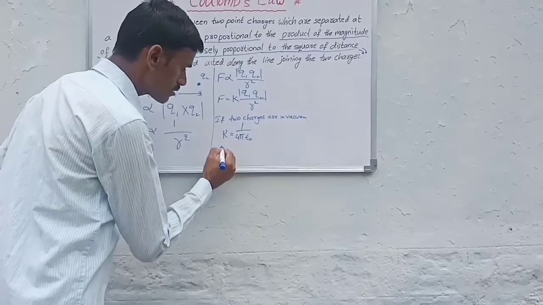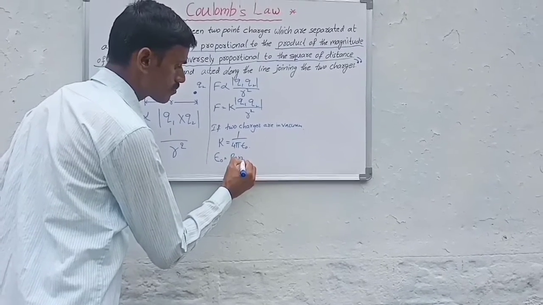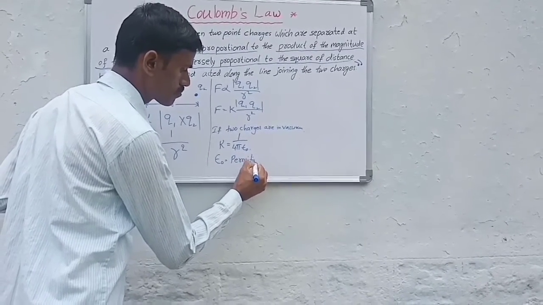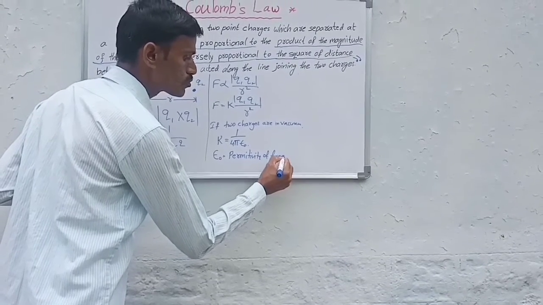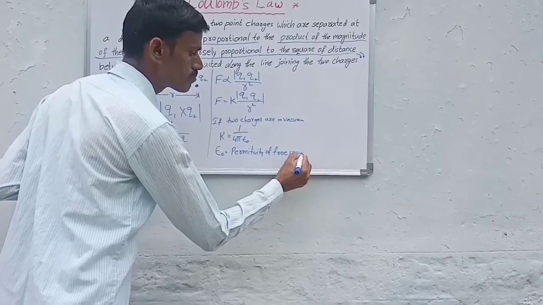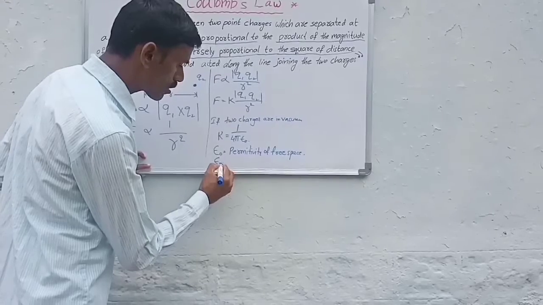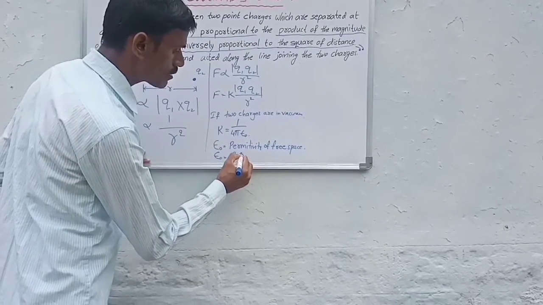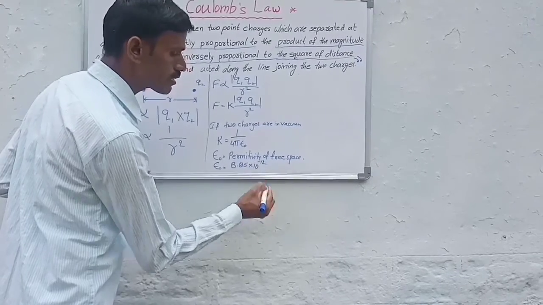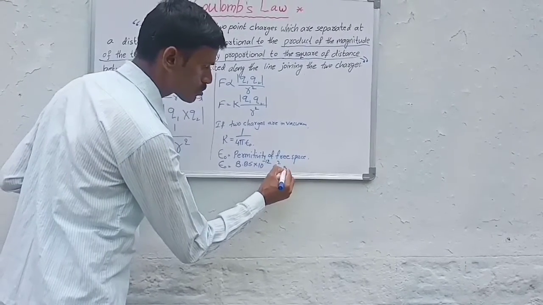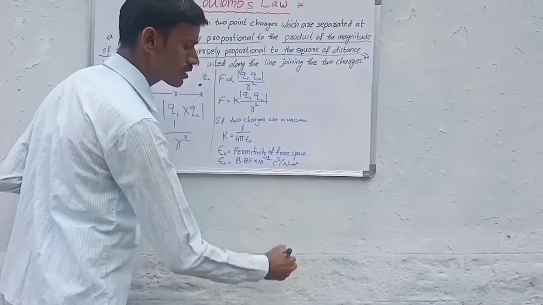Here, epsilon naught is the permittivity of free space, and the value of epsilon naught is 8.85 into 10 to the power of minus 12 Coulomb square per Newton meter square.